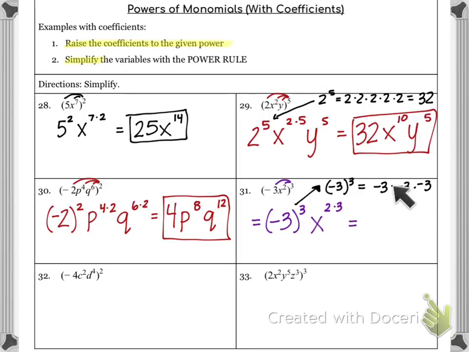Now look here, negative 3 times negative 3, negative times a negative is a positive, 3 times 3 is 9, so we have positive 9, and then times that negative 3 is negative 27. So negative 27 is an answer here. So 3 times 3 times 3 is 27, and then it's going to be negative because we have a positive times a negative here, which is a negative 27. And then x to the 6.